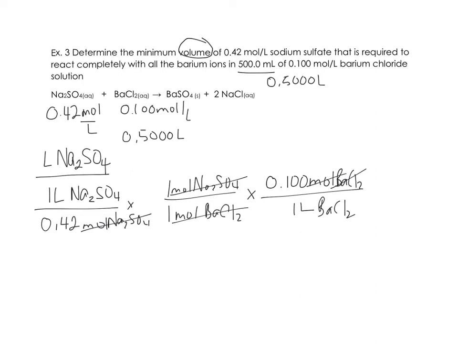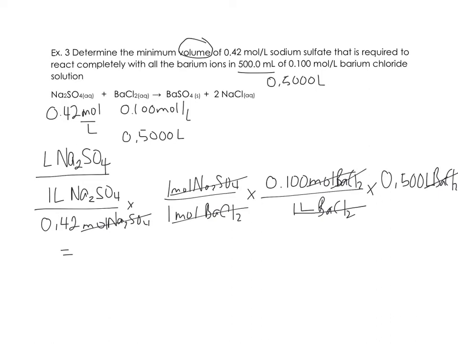So moles of barium chloride disappear, and we're left with liters of barium chloride. Don't want that either. So if we multiply it by the liters of barium chloride, that will disappear also, those units. So take everything on the top, 0.1 times 0.5, and divide it by everything on the bottom, so 0.42.